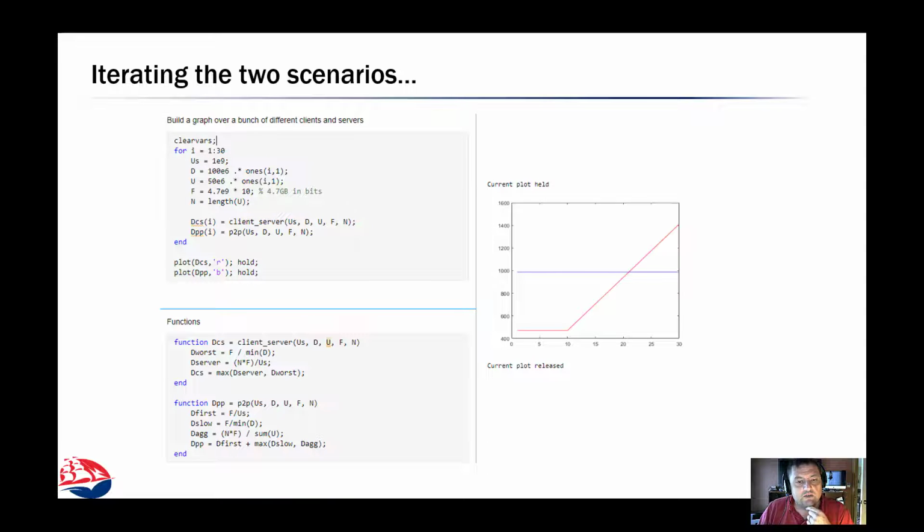This red line is the client-server, and after a point, once we've saturated the upload speed right here at about 10 clients, and that makes sense, at 10 we've maxed out the server's upload connection. Now everybody's just slowing down, and it's just going to be linear growth. Whereas here, we're still dominated by the time it takes to upload the file once we get it started.